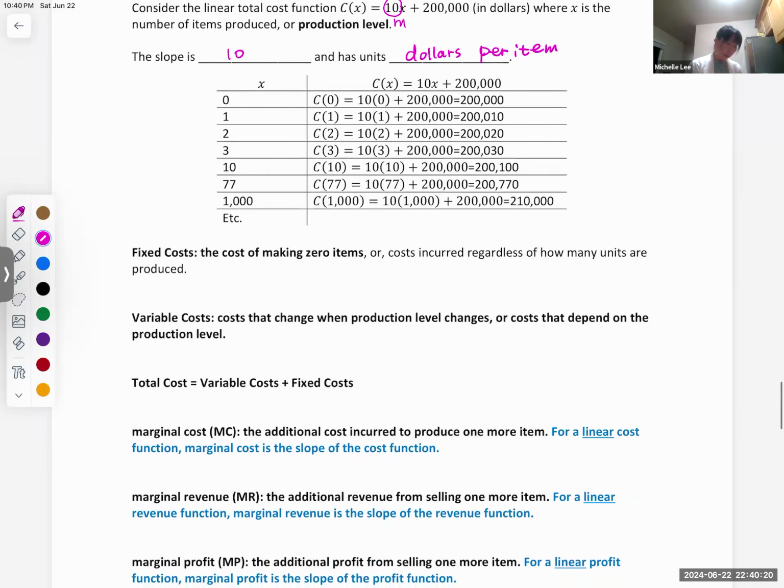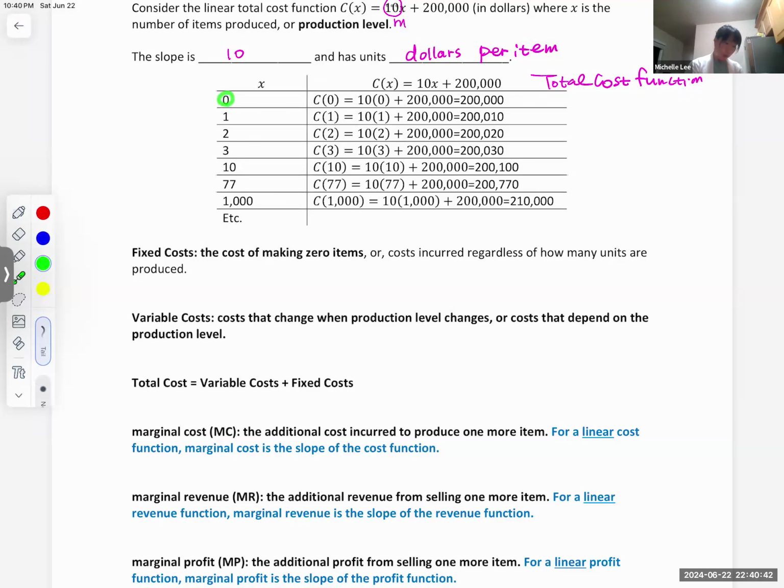Okay, let's take a look. We have a cost function here. So this is a cost function, and this is the total cost function. Total cost. Okay, so let's take a look.